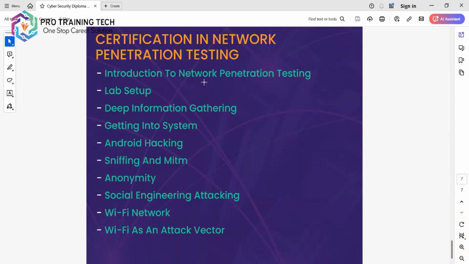Maybe they are using some outdated services, and an attacker can gain information from there. So what this course will help us with is becoming a cyber security analyst or a cyber security consultant. We will not become only a network pen tester, a web application pen tester, or a mobile pen tester.